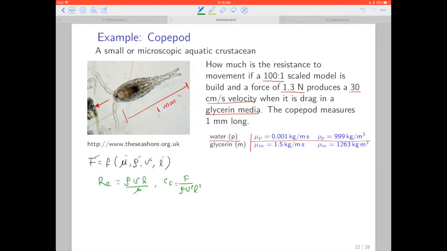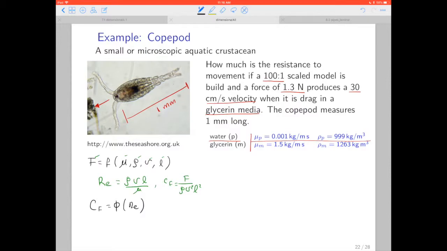Okay, so our relationship will be: the force coefficient is equal to a function of Reynolds.